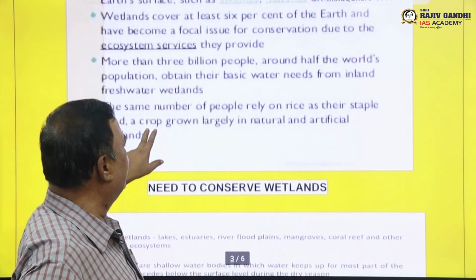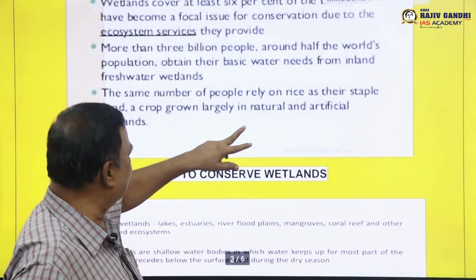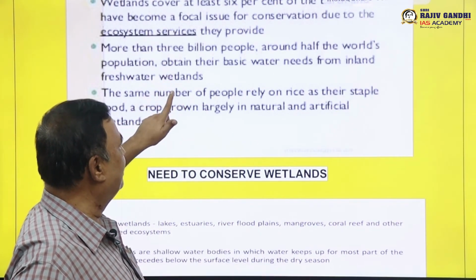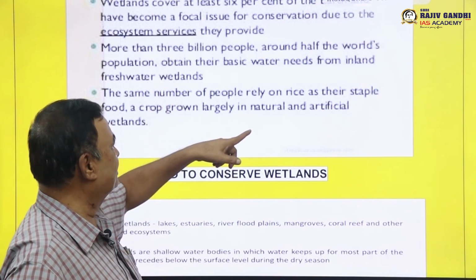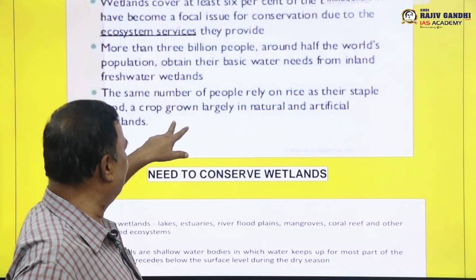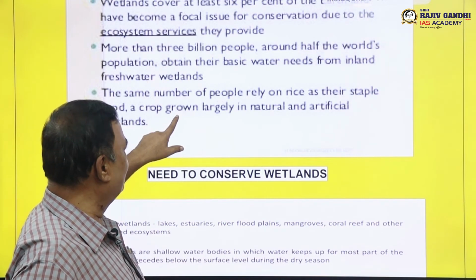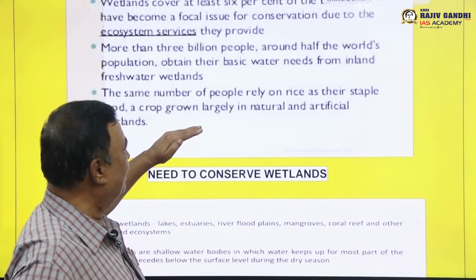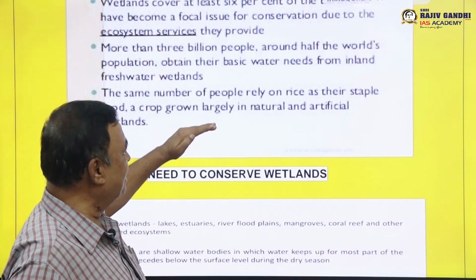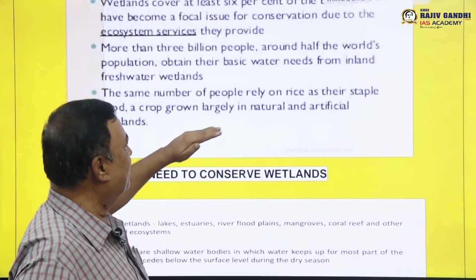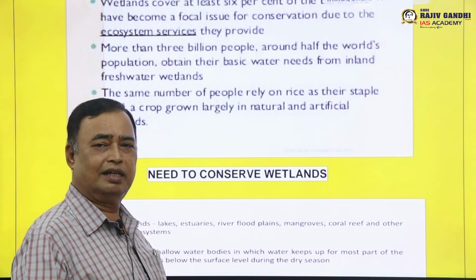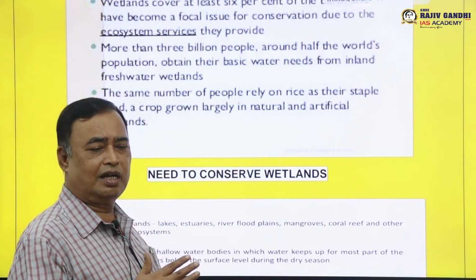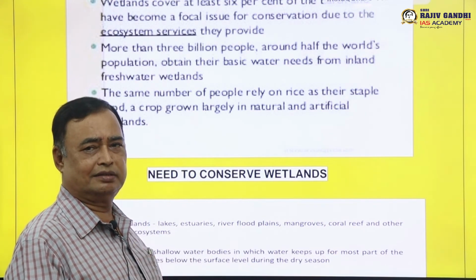The same number of people rely on rice as their staple food. That is, 300 crores of people in the world eat only rice. The problem is that rice grows in areas where water gets stagnated either naturally or artificially. So naturally water gets stagnated in the Calcutta area, West Bengal area. Therefore, during Kharif season, they plant rice.